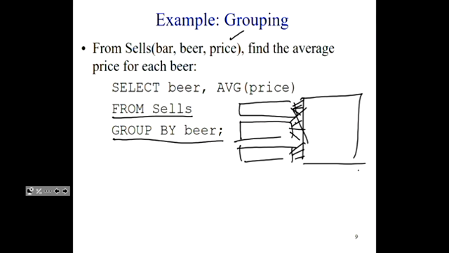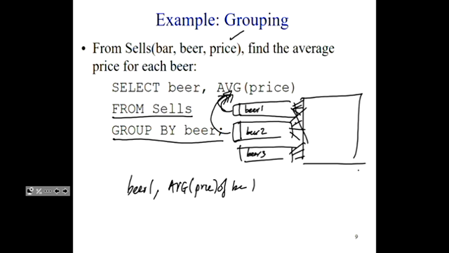For each of these groups, I am going to compute the average price. So this is beer 1, beer 2, and beer 3. And so I will compute the average price of beer 1, average price of beer 2, and so you will list beer 1, comma, average price of beer 1, and then beer 2, and average price of beer 2, and so on.